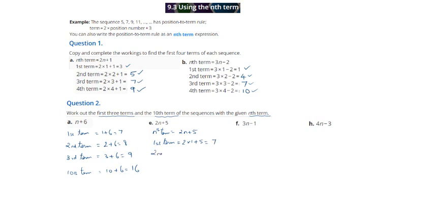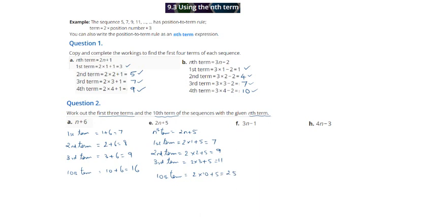The second term is equal to 2 times 2 plus 5 is equal to 9. The third term is equal to 2 times 3 plus 5 is equal to 11. And the 10th term is 2 times 10 plus 5 is equal to 25.